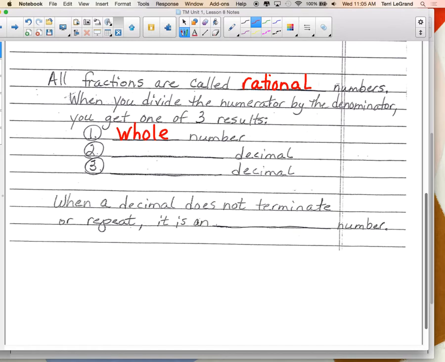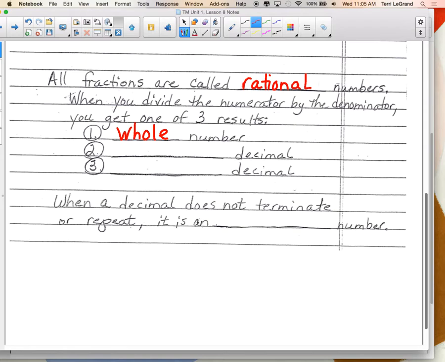Anybody give me an example of a fraction that when you divide it, you'll get a whole number? Just a fraction that when you divide the numerator by the denominator, you'll get a whole number. 1 over 1. 3 over 3. 8 over 8. Okay, let's get away from the same number over itself.